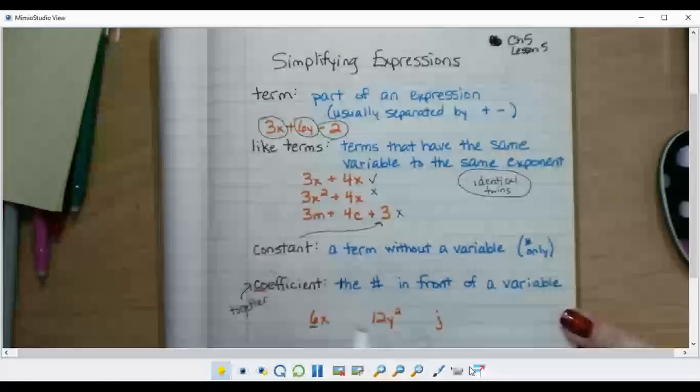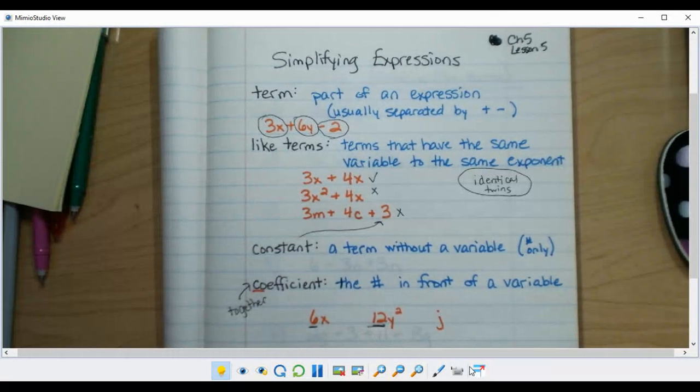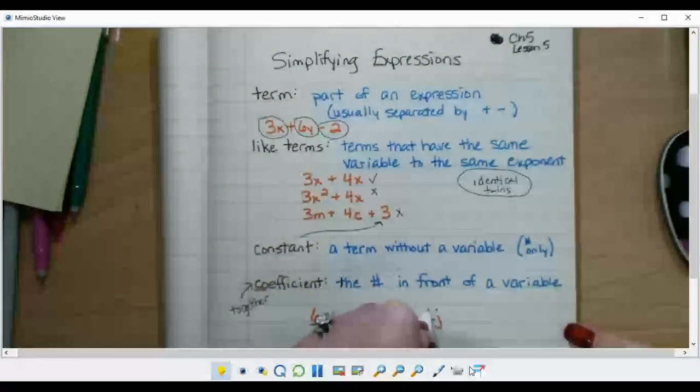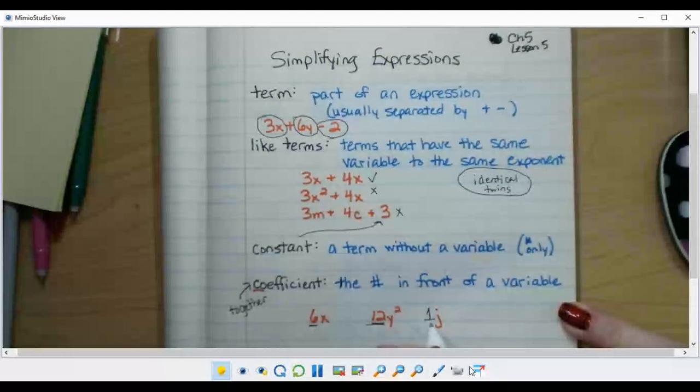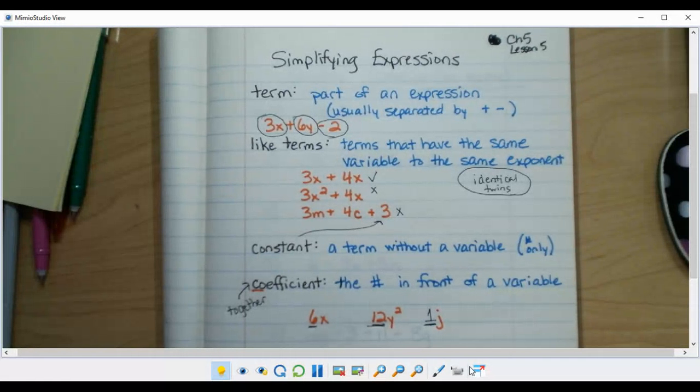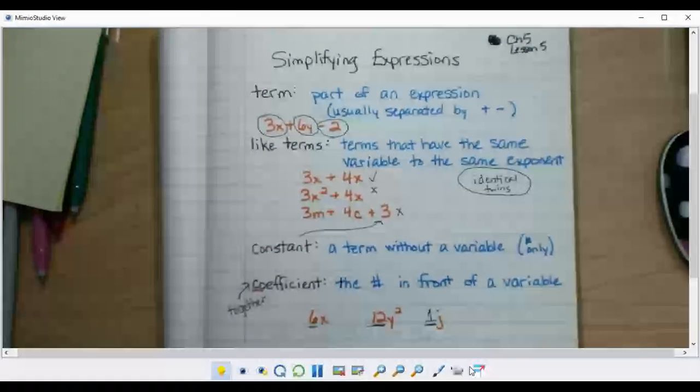In 12y squared, the coefficient would be 12. And in j, it looks like there's nothing there, but there really is a 1. Remember, mathematicians are lazy. We don't want to write more than we have to. So when there's a 1, a lot of times we leave it off. We talked about this a little bit earlier in the year. The coefficient there would be 1. You can certainly write it in. There's nothing wrong with it. If you're comfortable and want to leave it off, that's okay too.